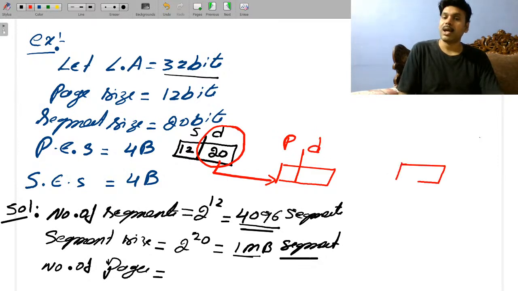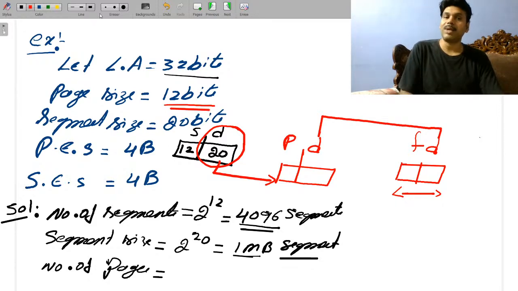Here you also have a physical address consisting of f comma d. So here d and d are the same. He said that page size is 12 bits, so I can happily store that here. And I am doing the process only for the remaining 20 bits.